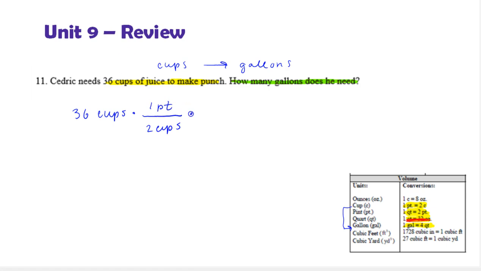Now I'm not going to multiply to the end because I have a lot more converting to do, but I am going to note that now my cups would cancel and I have pints. Now I'm going to change pints to quarts. There's 2 pints in a quart. So I want pints to cancel, so 2 pints on the bottom, 1 quart on top.